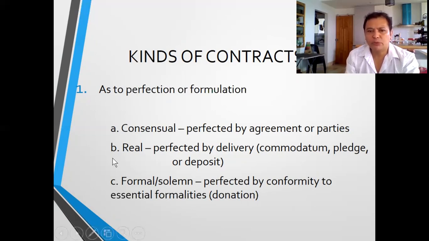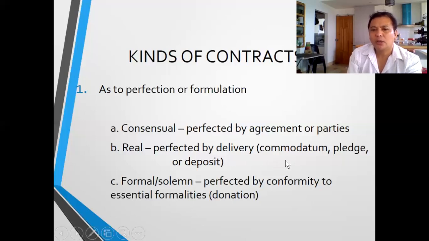Then the next one is real. Real contracts are those perfected by delivery of the object. So it cannot be perfected by agreement alone. It can be perfected only when the thing is delivered. Examples of real contracts are comodatum, pledge, or deposit.